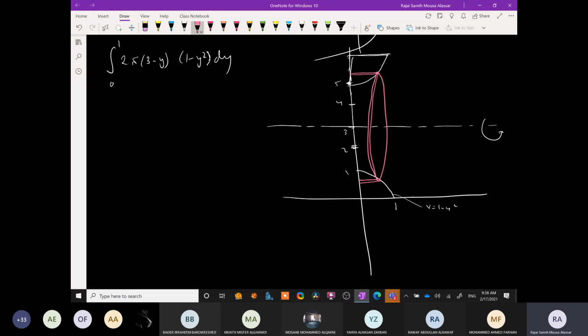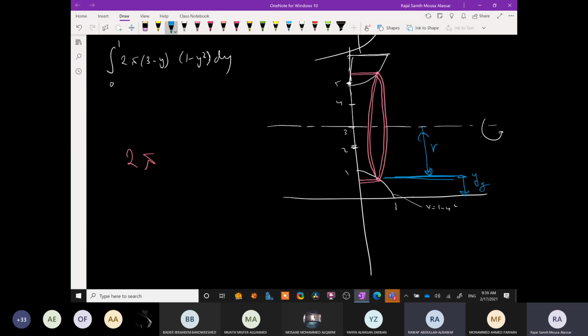Let's calculate now. I have 2 pi. What is the radius now? Let's look at the radius. This is my radius. From here to here is what? It is y of the graph.